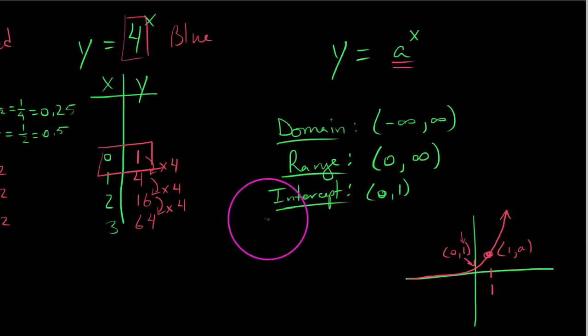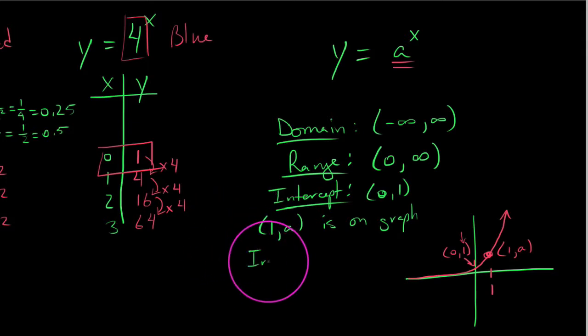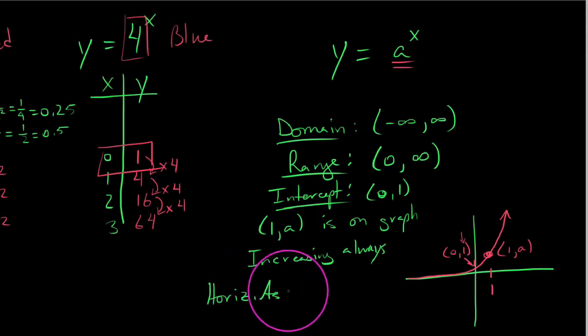So (1, a) is on the graph of y equals a to the x. This is very, very true. In terms of our graph, it is always increasing. We want to know this: always increasing from left to right. And we say horizontal asymptote at the x-axis.